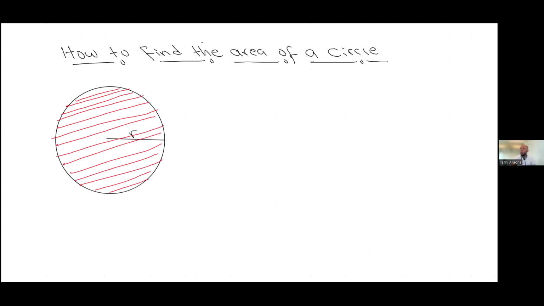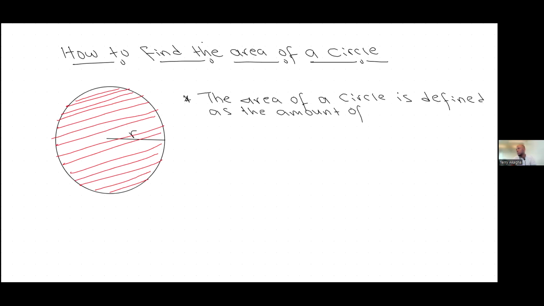So the area of a circle is defined as the amount of space occupied, okay, or covered.